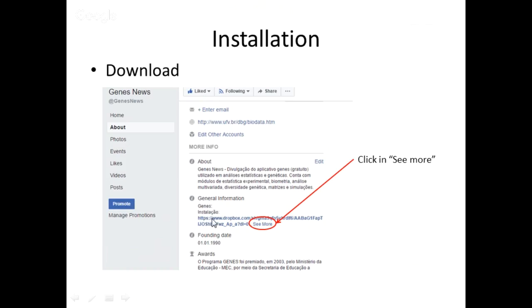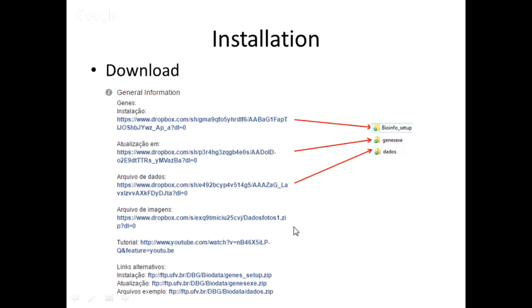It says instalação, which means installation. You can see 3 dots here, and See more. If you click See more, it will expand and you will see all the complete general information.